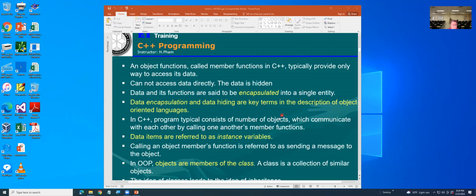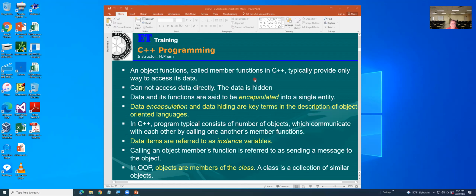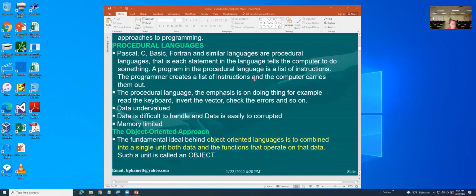Okay, on this page, the only thing I want you to make sure you know is the object-oriented approach.